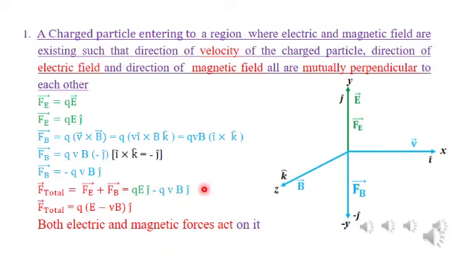Take the common terms outside. Then vector F_total equals Q into (E minus VB) into j cap. Means both electric and magnetic forces act on the particle.